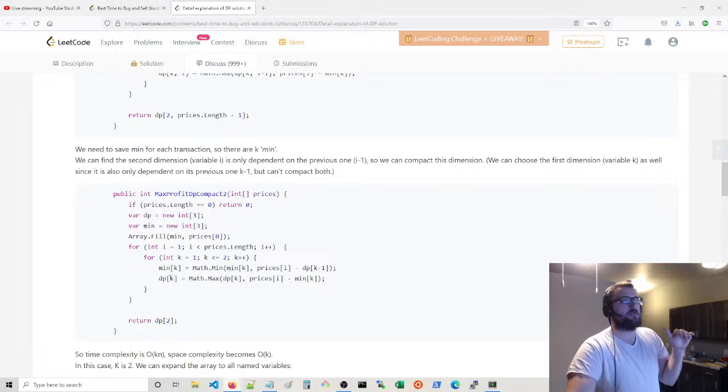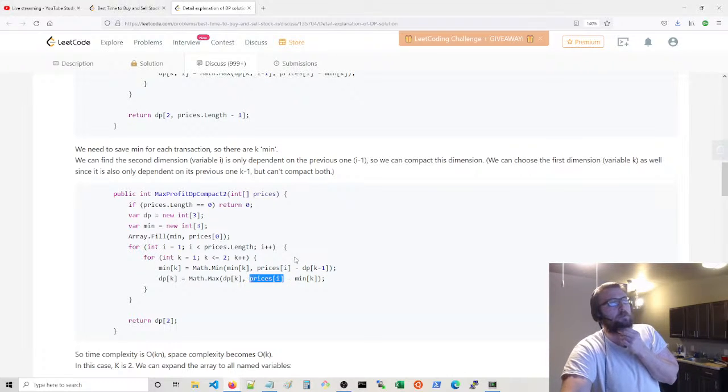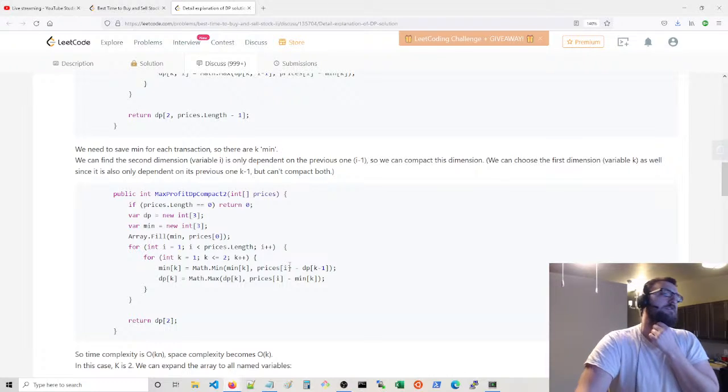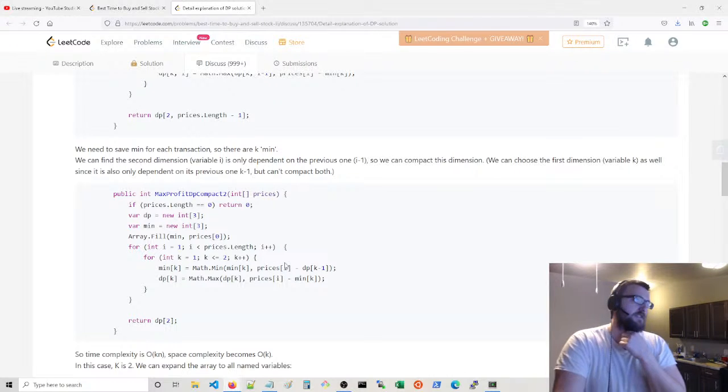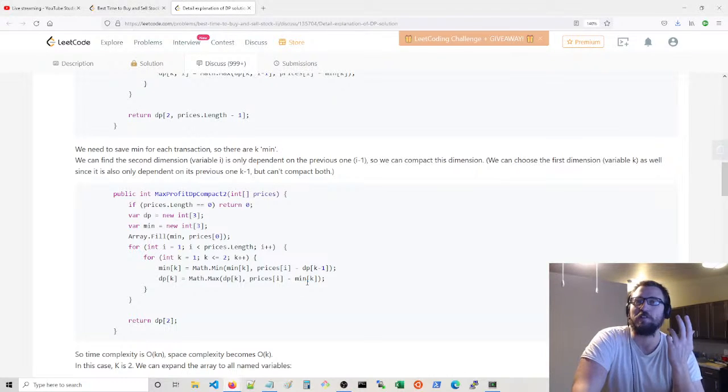For dp2, the price lowered, so min2 may have gone down, right? dp1 didn't change, the price may have gone down, min2 may have gone down. And if min2 goes down, does it go down by the same amount that the price goes down? That's another question. Can we ever change dp2? I think it's possible, but I don't know where or when that happens exactly.